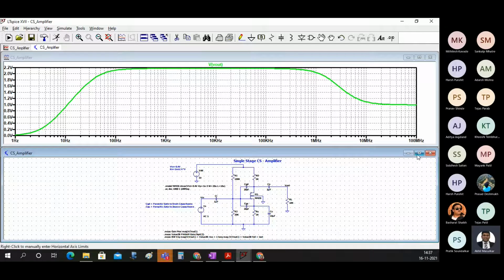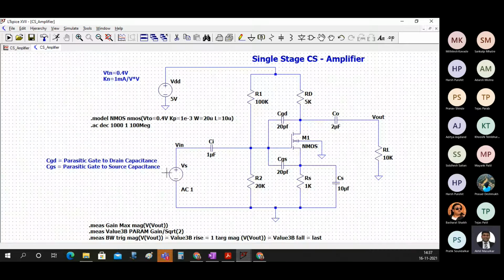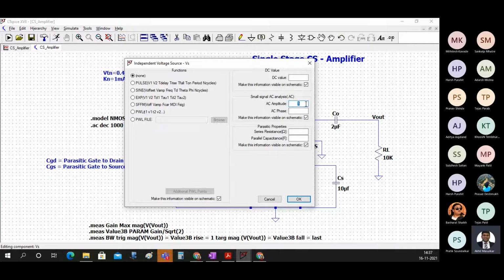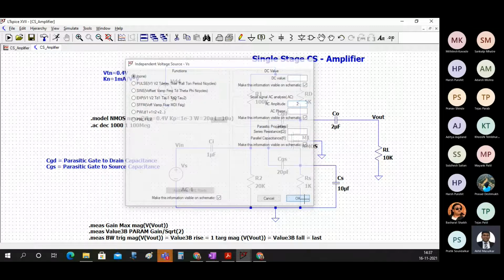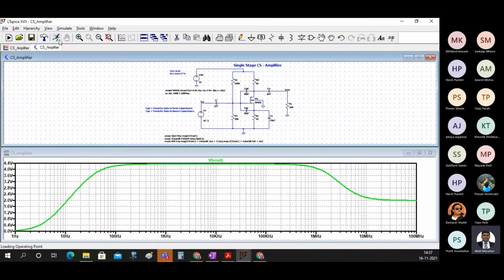Now many of you might have questions: why did we write 1 here? We can write 2 also, na? Okay, let's see what happens if we write 2. You can see here that the gain doubles. So whatever the maximum value is, we have to take half of that.